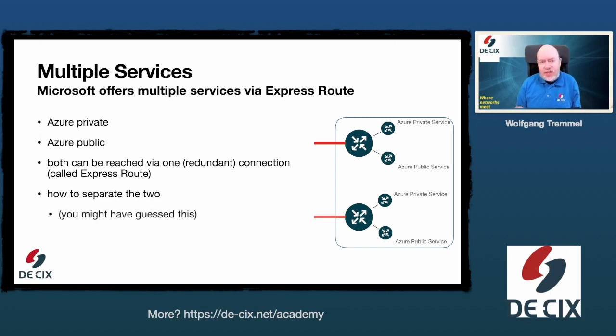Well, you might have guessed that if you want to separate things on layer 2, you're using VLANs. But you already have a VLAN to separate customers. Now, what we are doing is we are adding a second VLAN tag to this, a so-called inner VLAN.